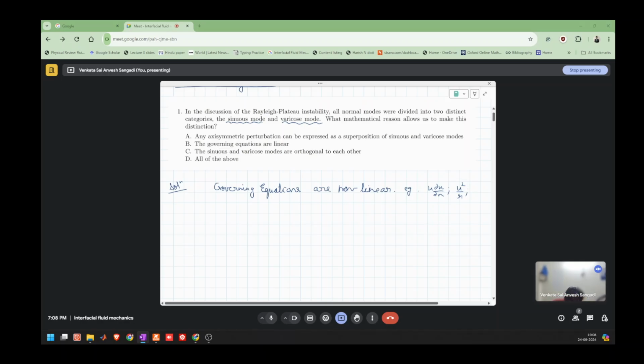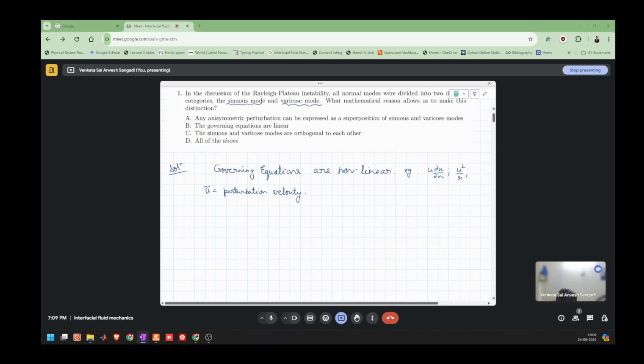These terms are neglected primarily because we write the equations for only the perturbation velocity.